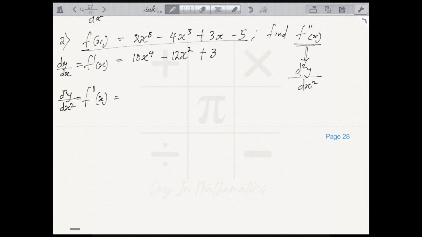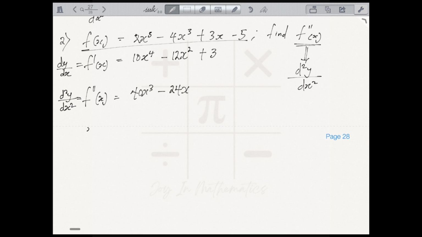Let's differentiate f dash of x, or dy/dx, again to get d squared y over dx squared. Now we'll have 40x raised to the power 3 minus 24x.